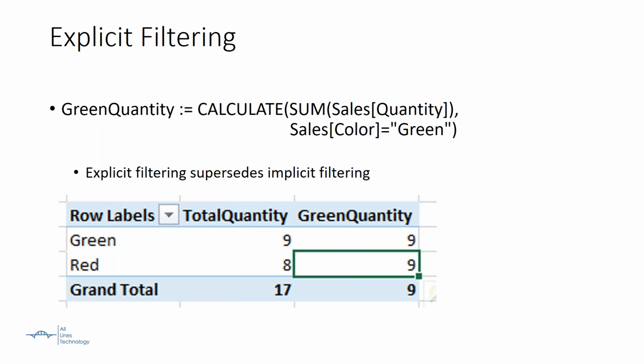Explicit filtering supersedes implicit filtering. And if you look at the bottom, you can see that where normally total quantity takes into account the color, but green quantity says, no, no, no, no, no. I'm going to ignore whatever you did for that one column, and I'm going to just get rid of it. So explicit filtering supersedes implicit filtering.